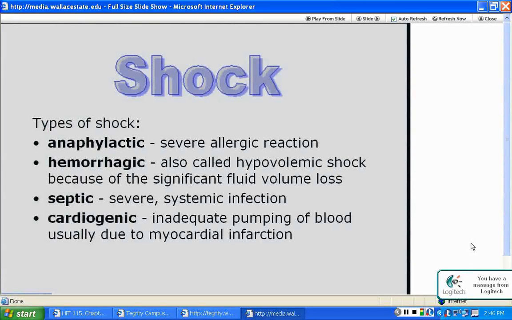They need an IV started right away to bring fluids. Their heart has stopped pumping and they can't stand any more fluid. They have fluid overload. So it's really important that the type of shock is clearly identified to determine the appropriate treatment.